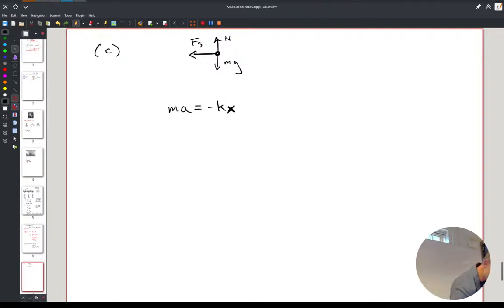Let's get it into another form: d squared x dt squared equals negative k over m times x. Have you seen an equation like this before? Maybe?